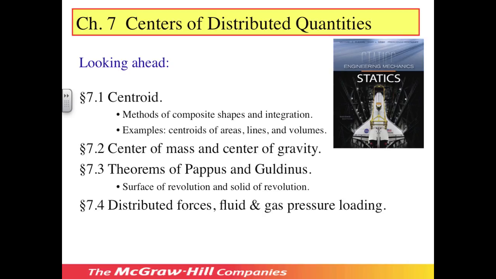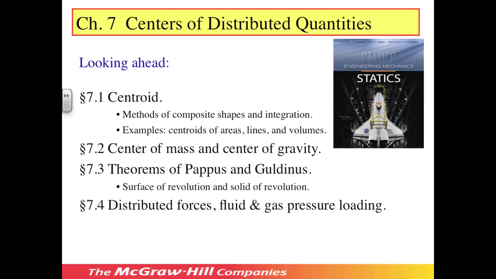In Chapter 7, we are interested in finding the effective centers of distributed quantities. Mass is inherently distributed, and the mass of an object is the integral of its mass density over its volume. If we had to actually identify every increment of mass or weight in an engineering calculation, such calculations would be incredibly tedious.